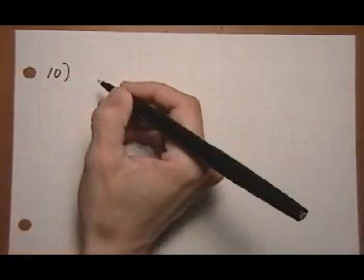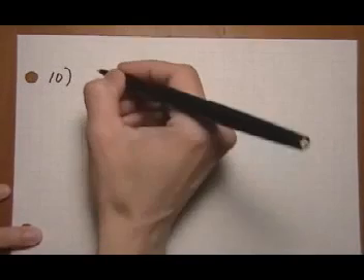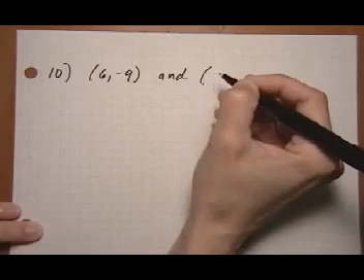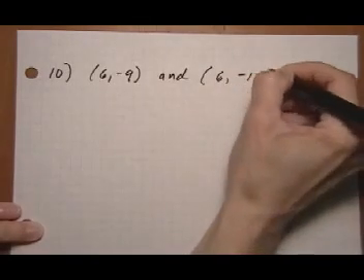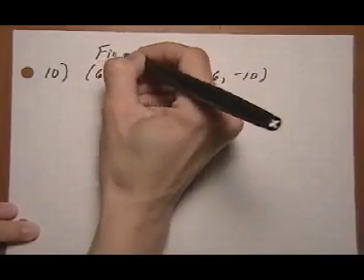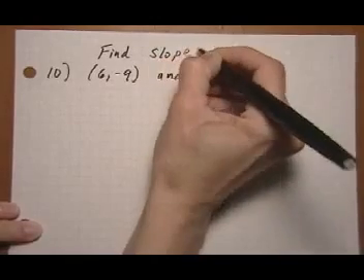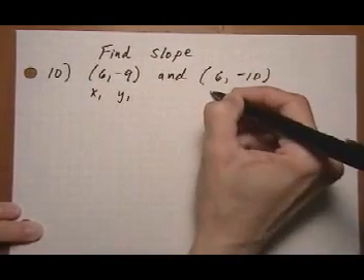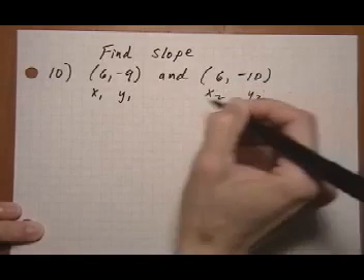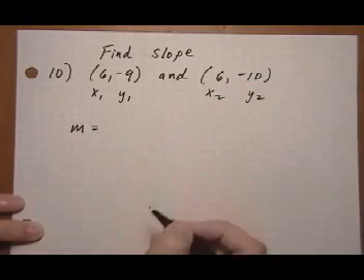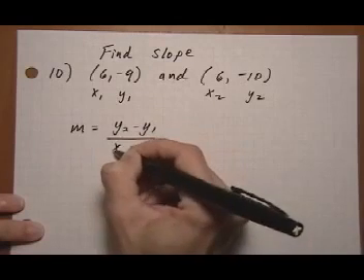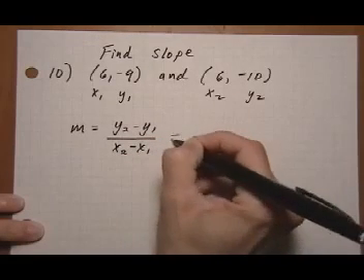Same idea. We want to find the slope going through 2 points, and we are given (6, -9) and (6, -10). So let's call this point number 1, x1, y1, point number 2, x2, y2, and we'll use the slope formula, y2 minus y1 over x2 minus x1.